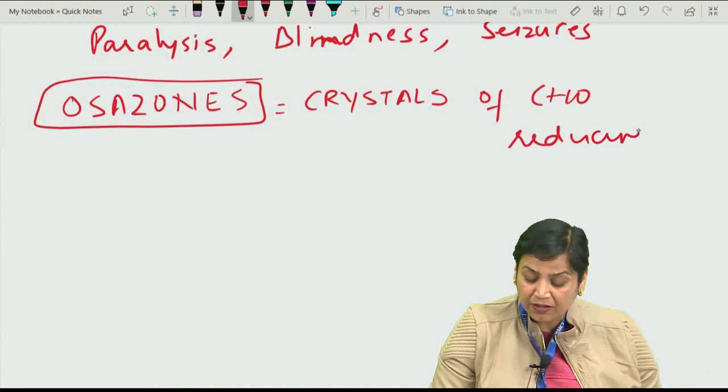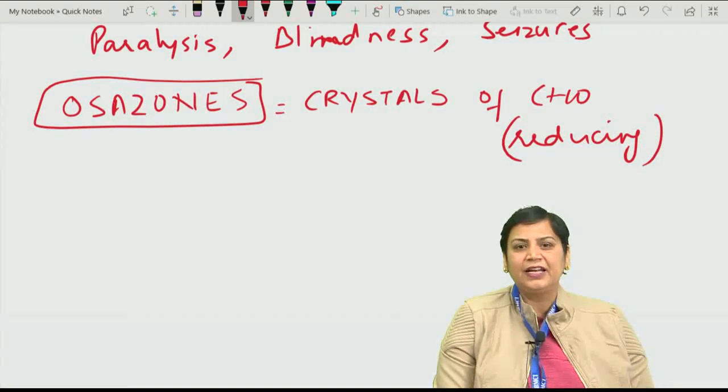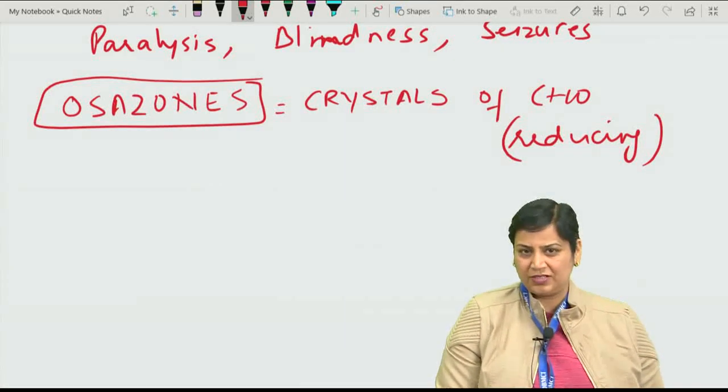This is again very important. Or you can say all the reducing sugars have a tendency to form these osazones.